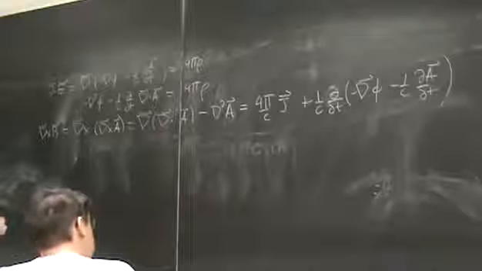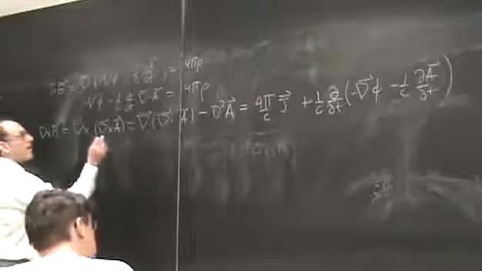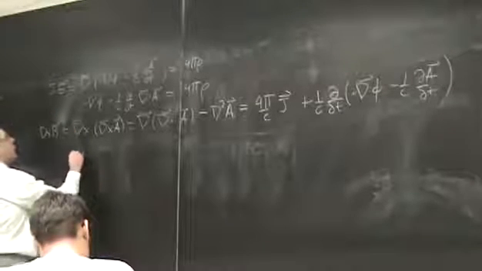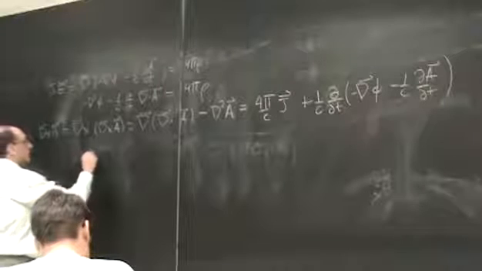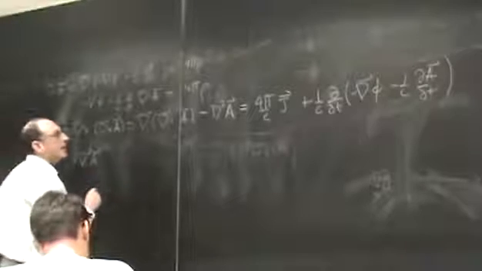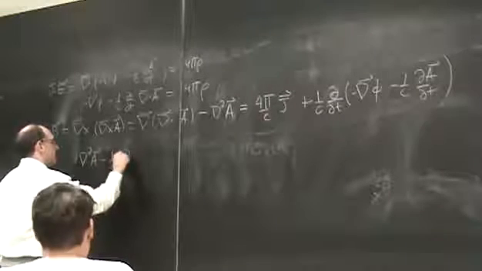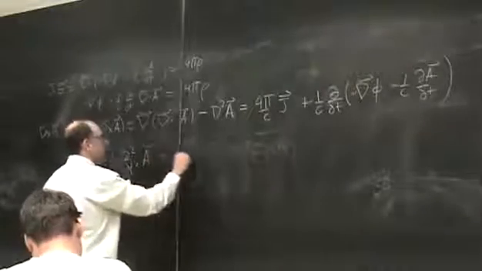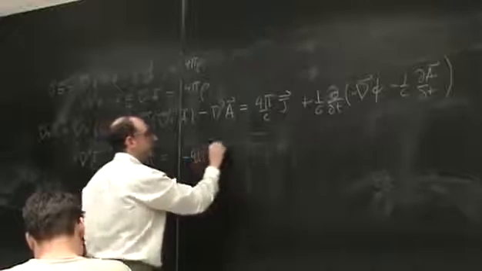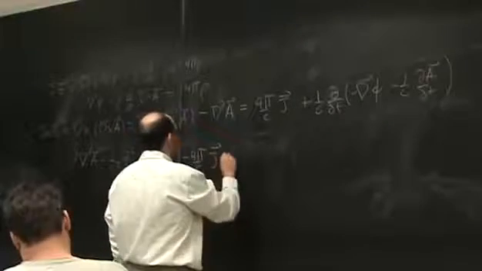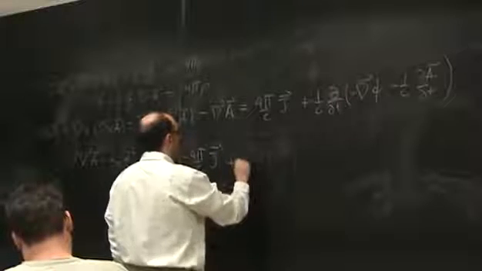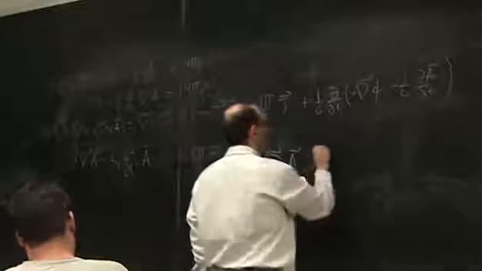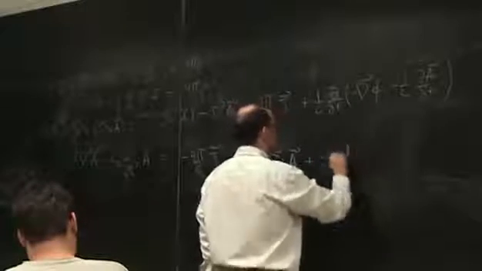We get here the Laplacian of A minus 1 over c squared d squared A/dt squared is equal to minus 4 pi over c j plus the gradient of del dot A plus 1 over c dphi/dt.